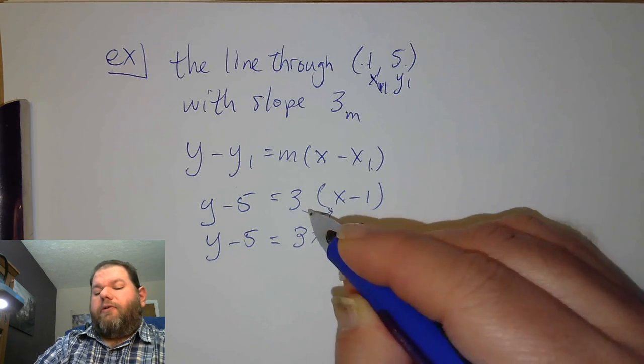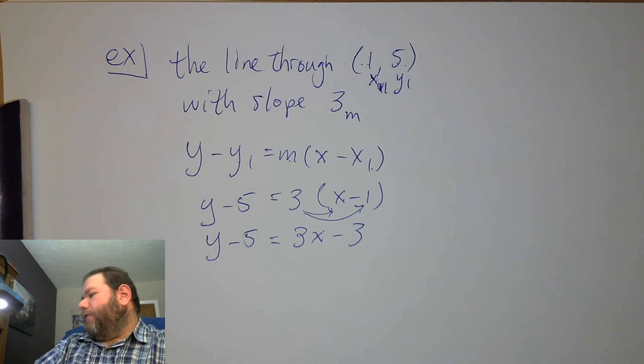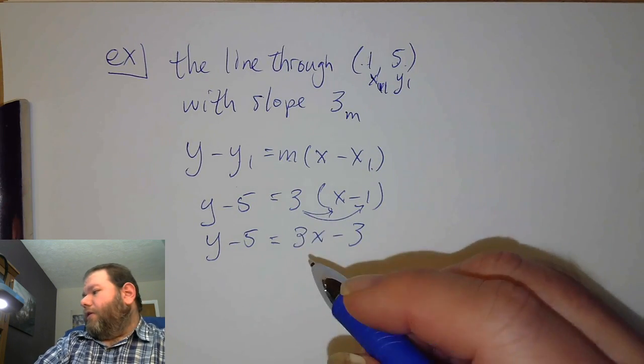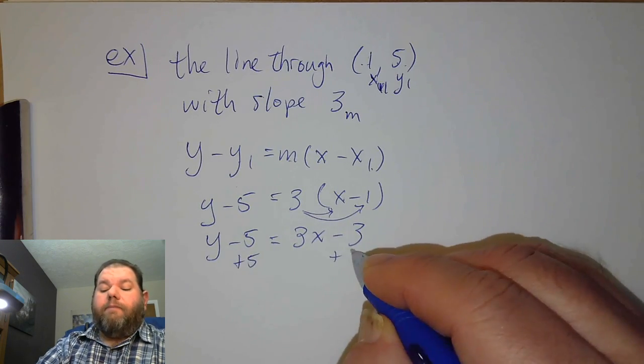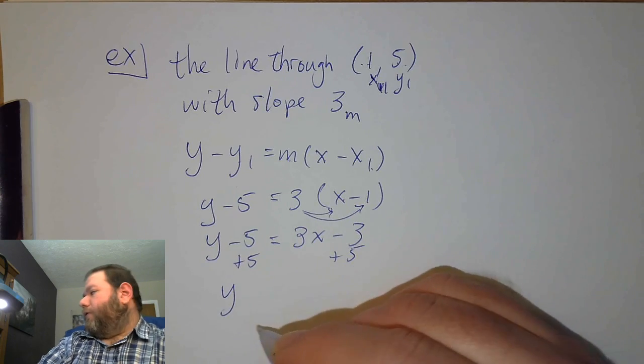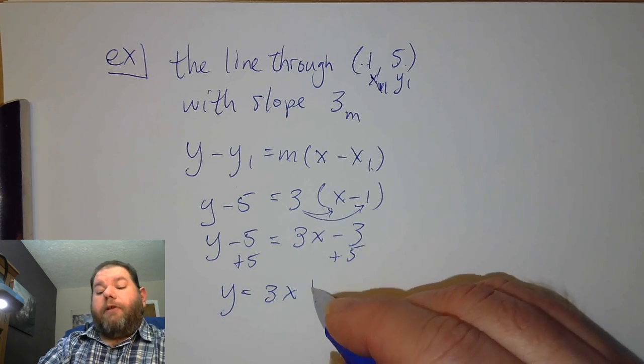So we distribute our 3. It's 3x minus 3. And then we can go ahead and add 5. So y equals 3x, and that'll be plus 2.